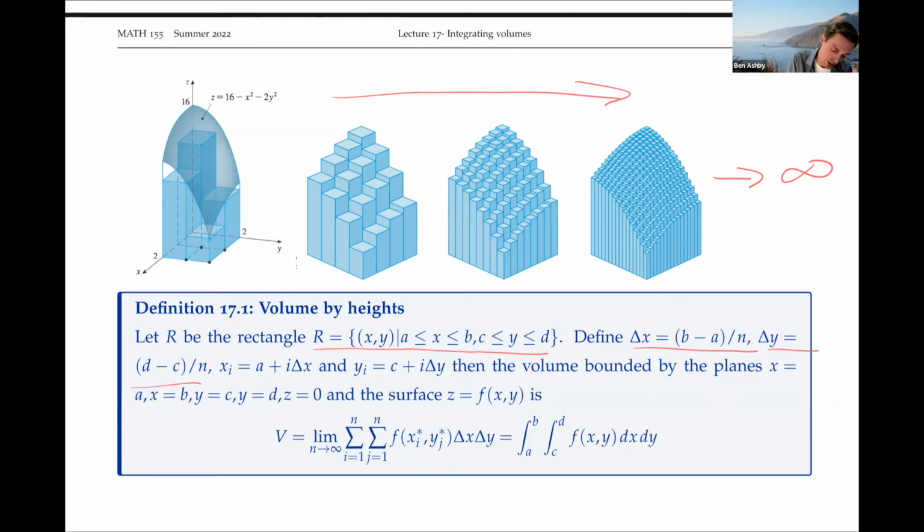And then we can approximate the volume of our surface by summing over in both the X and the Y directions this product here, which, if you recall from the previous slide, was just the height of our little volume times the area of the base.